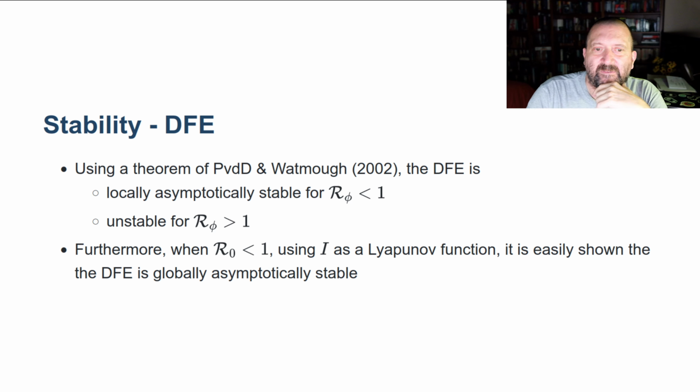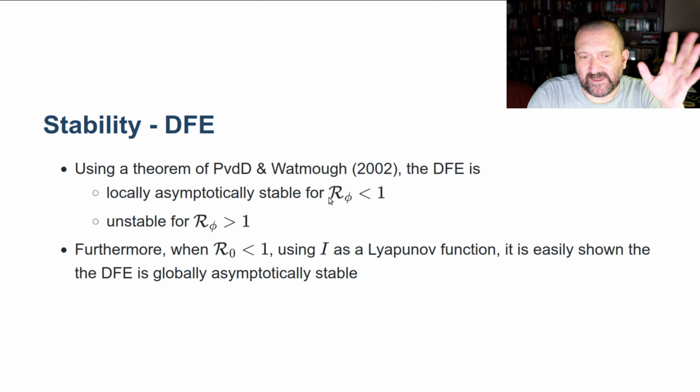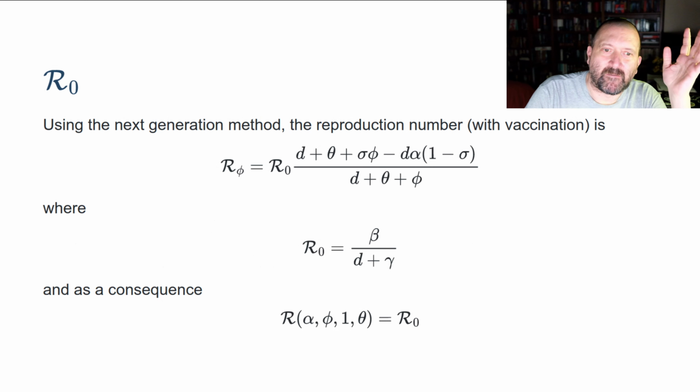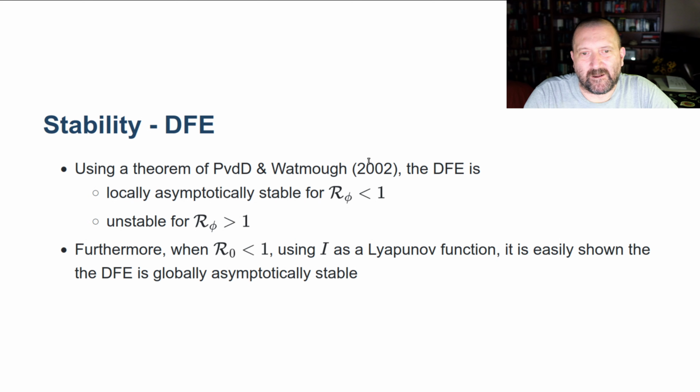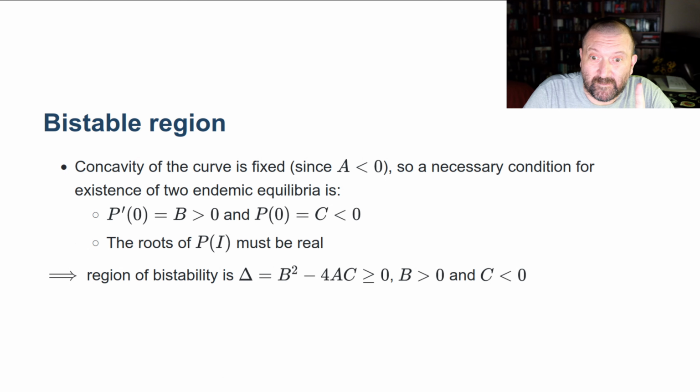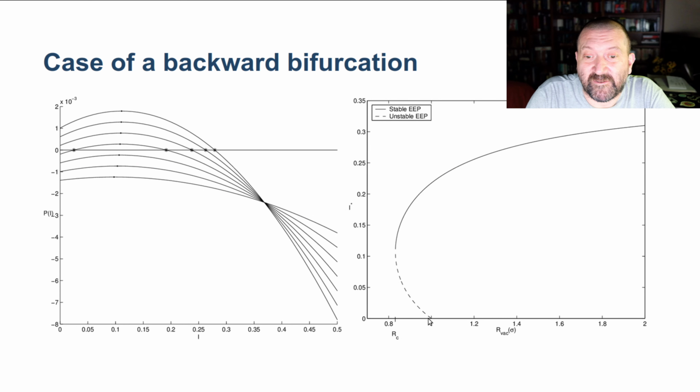We find that the disease-free equilibrium is locally stable when the R0, with vaccination, is less than 1 and unstable when it's larger than 1. Because remember, those stability results, they are local.